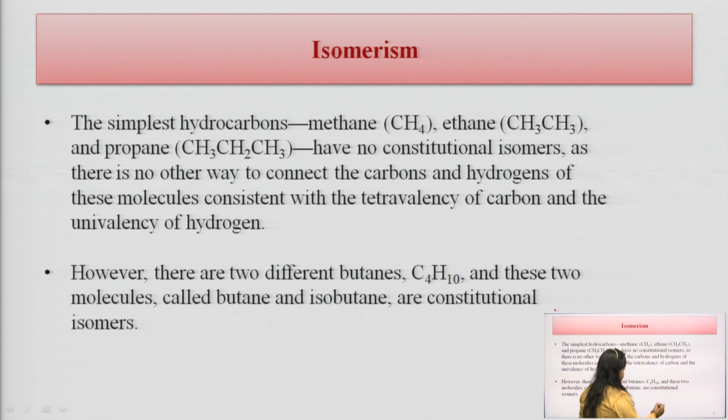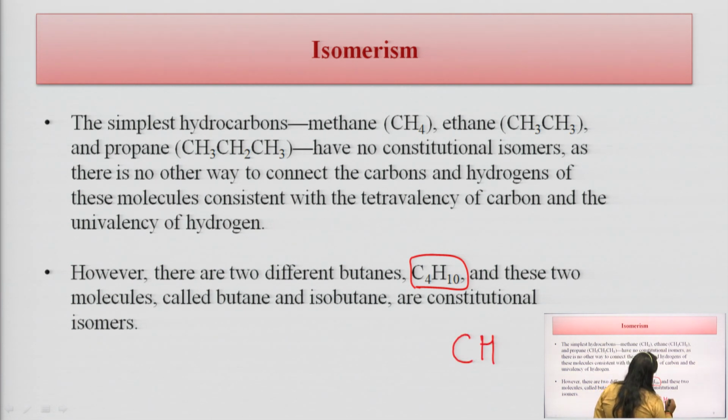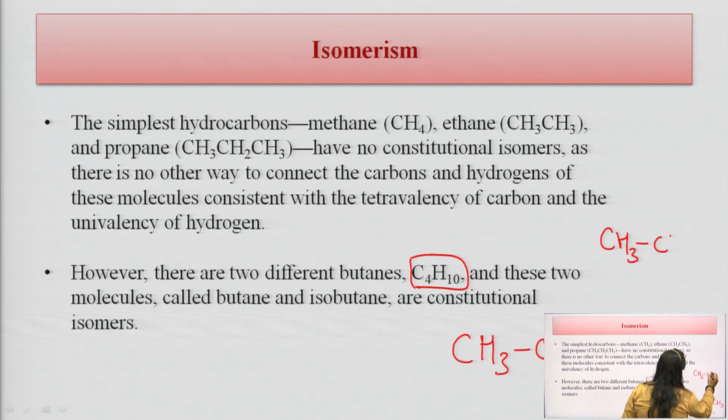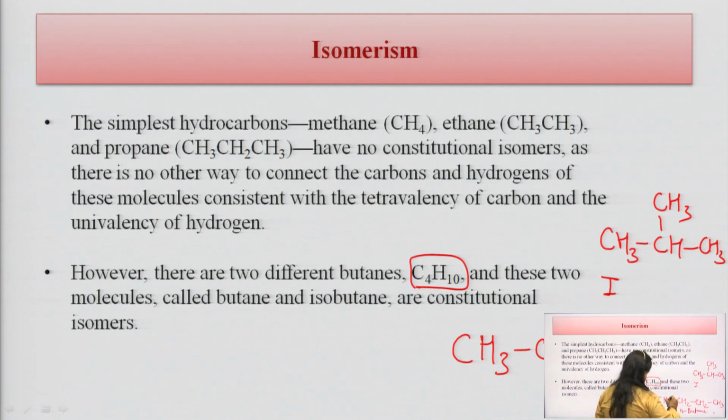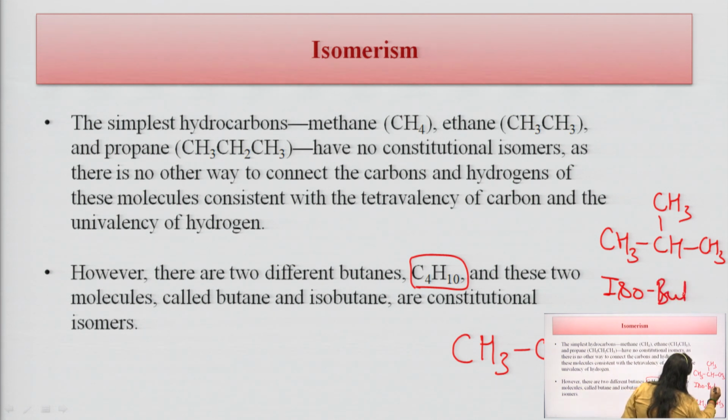constitutional isomers. जैसे कि C4H10, this is butane. अब ब्यूटेन को हम नॉर्मल फॉर्म में भी लिख सकते हैं, CH3CH2CH2CH3, this is the normal butane. Now if we write it in the iso form, it will be CH3CH(CH3)CH3, this is isobutane.